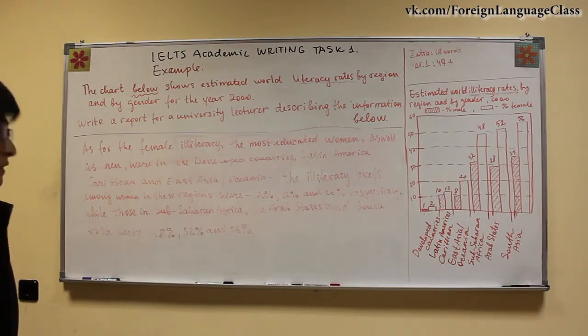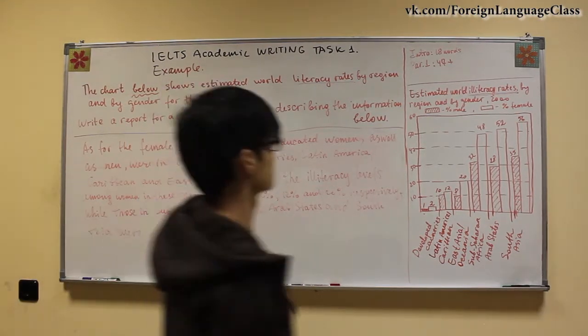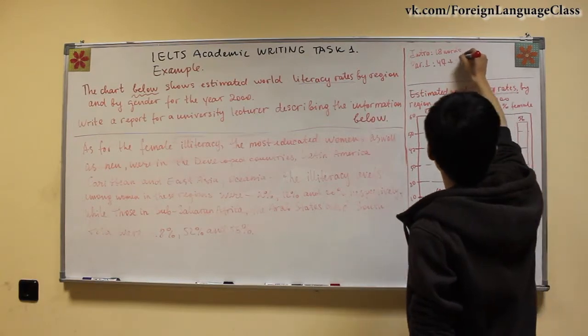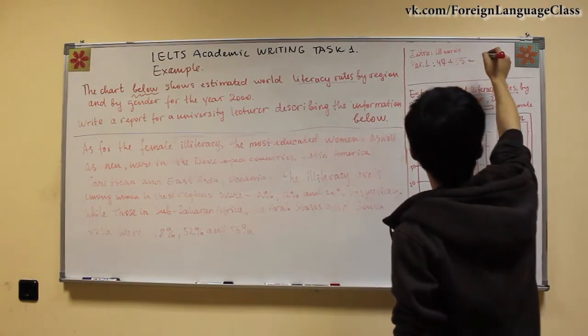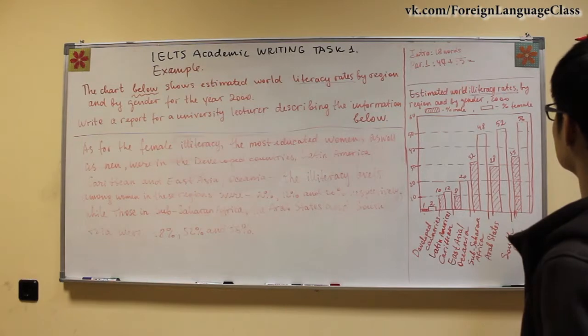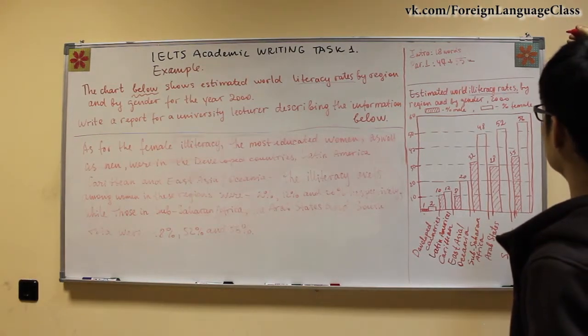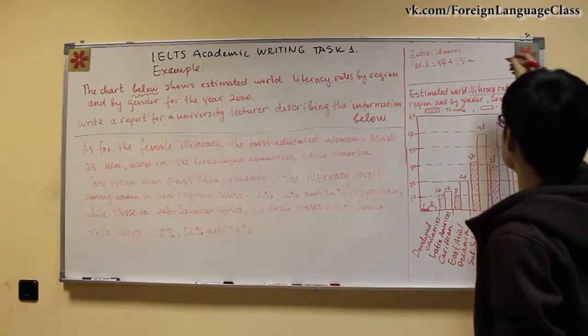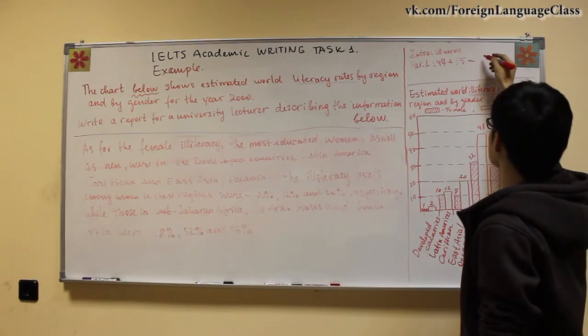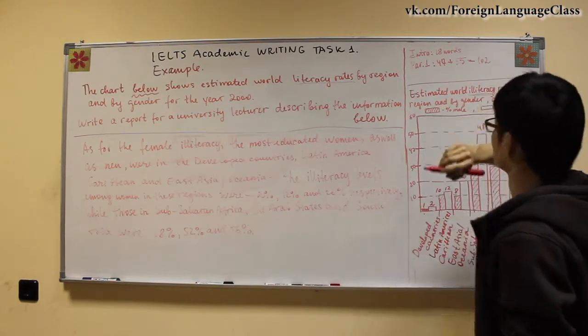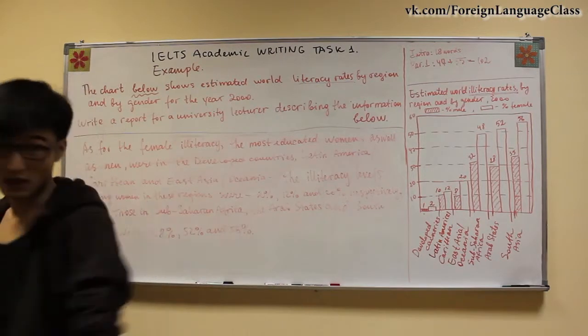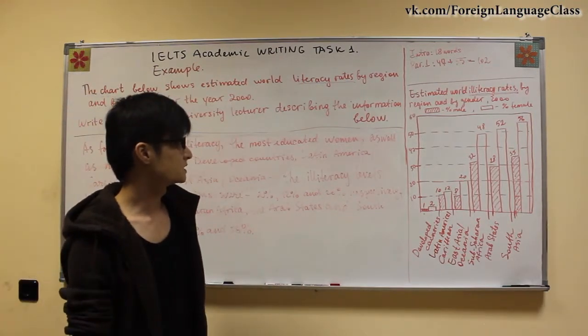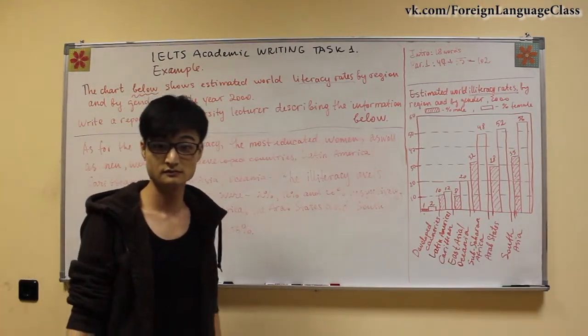That's it for the paragraph 1. Now let's count number of words. 55. So in total in paragraph 1 we have 102, right? 102. Okay, now let's proceed to the paragraph 2.